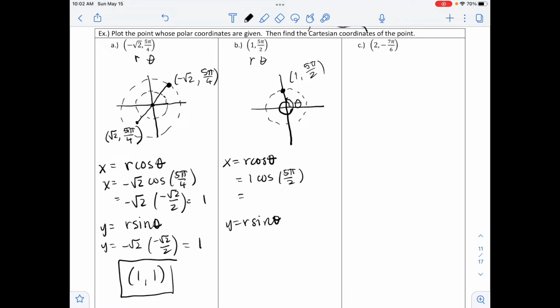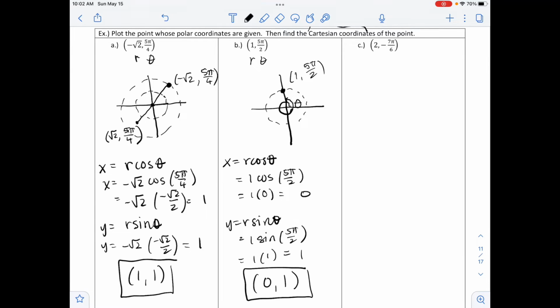And so we get 1 times 0, which is 0. And likewise for our y value, we're going to have r, which is 1, times sine of 5 pi over 2, or think of it as pi over 2, which is just 1. So 1 times 1 is 1. So our Cartesian coordinate is going to be 0 comma 1.